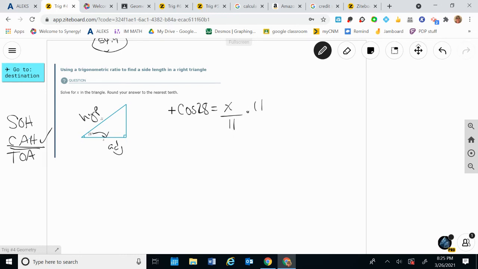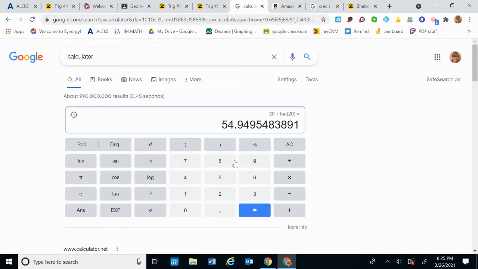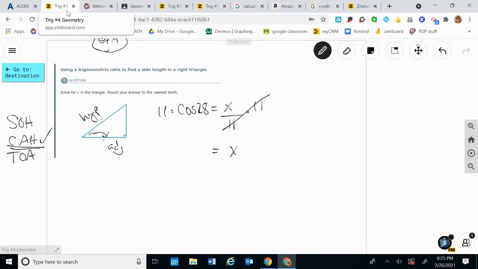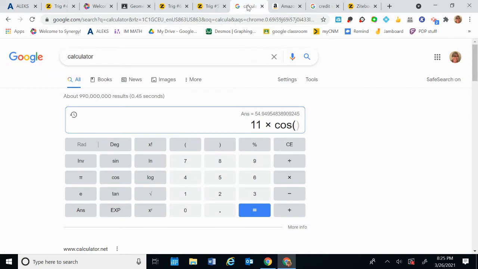You want to solve for x, we need to get rid of the 11, multiply, and then feed that into the calculator. That's all you have to do. You go 11 times cosine of 28. Done. 9.71, which rounds to 9.7.